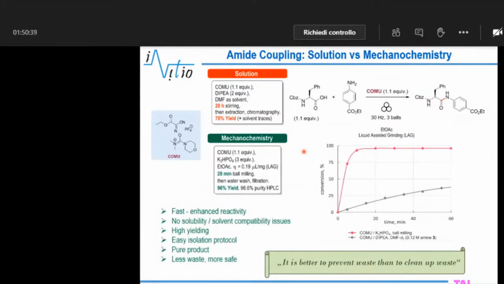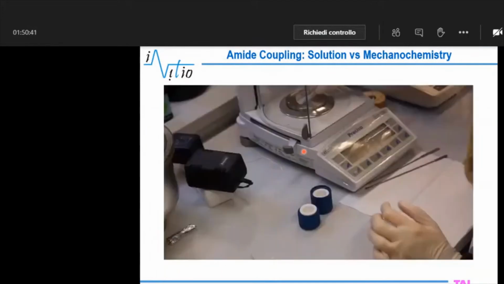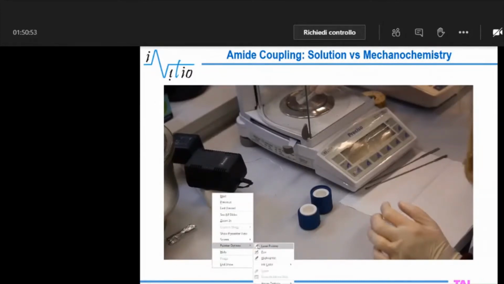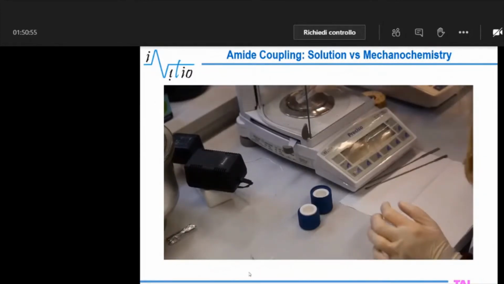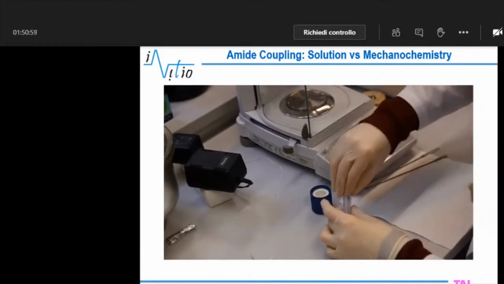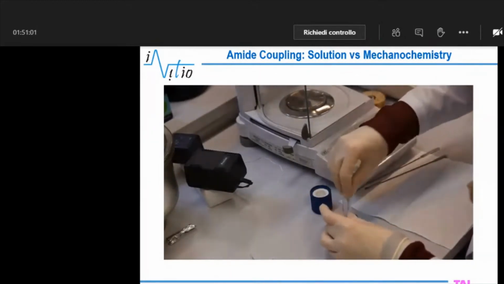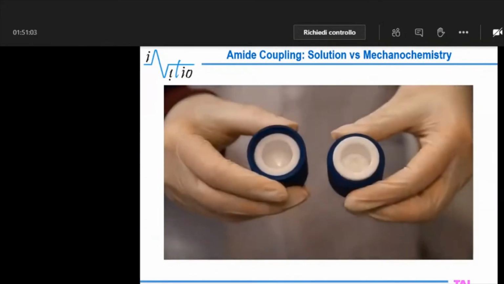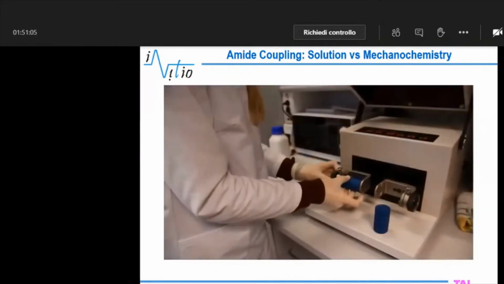So we have pretty a lot of advantages here, and I would like to show you that it's also practically pretty convenient. So I can show you a short video, but one moment. Okay, so how it's done. Basically you load your solid reactants into a so-called milling jar with 3 milling balls.